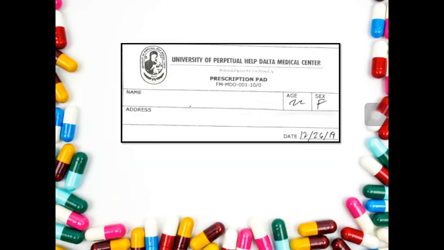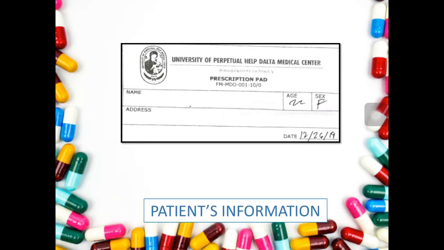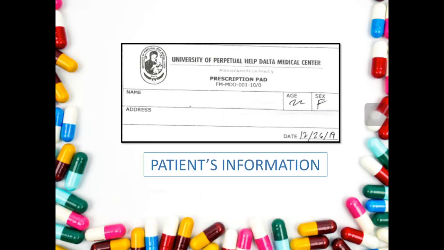Okay? Now, let's start first with the patient's information. Patients require information to help them use their medicines safely and effectively, and to facilitate an understanding of the possible harms and benefits of the treatment. The details should have the patient's name.